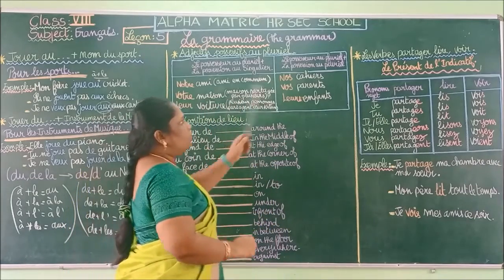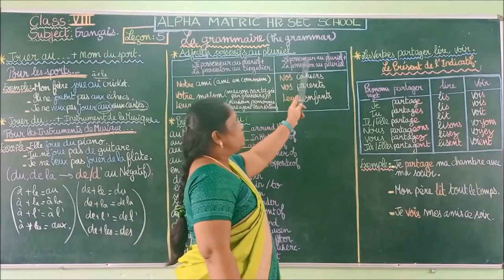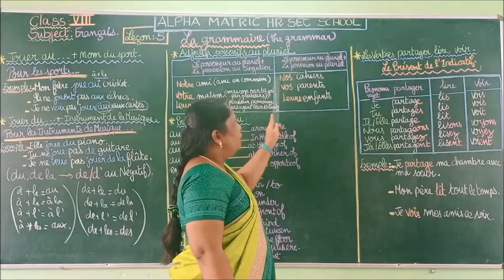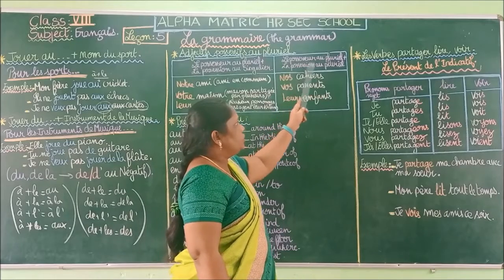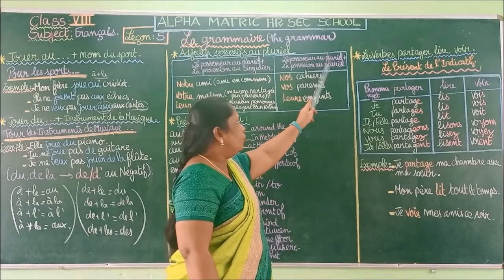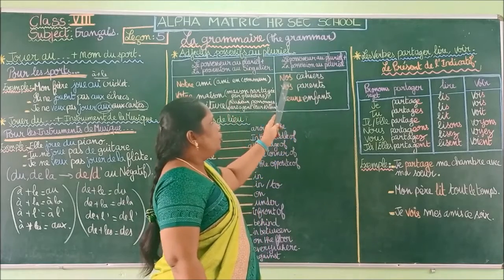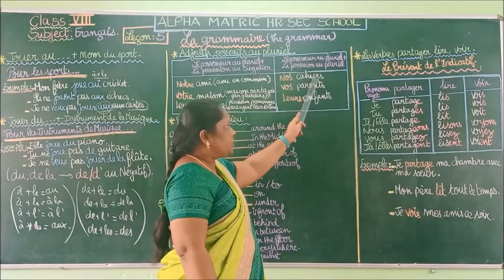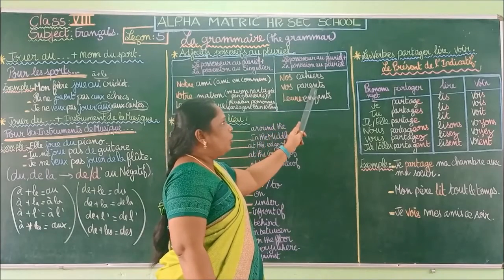Next column you can see le possesseur au pluriel. So the possessor in plural. La possession aussi au pluriel. So the possession also in plural. Okay. So nos cahiers. Our notebooks. Vos parents.